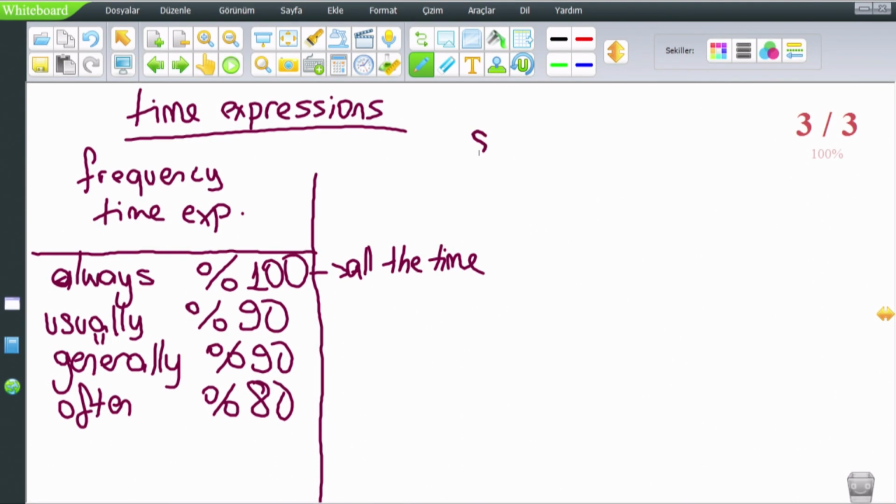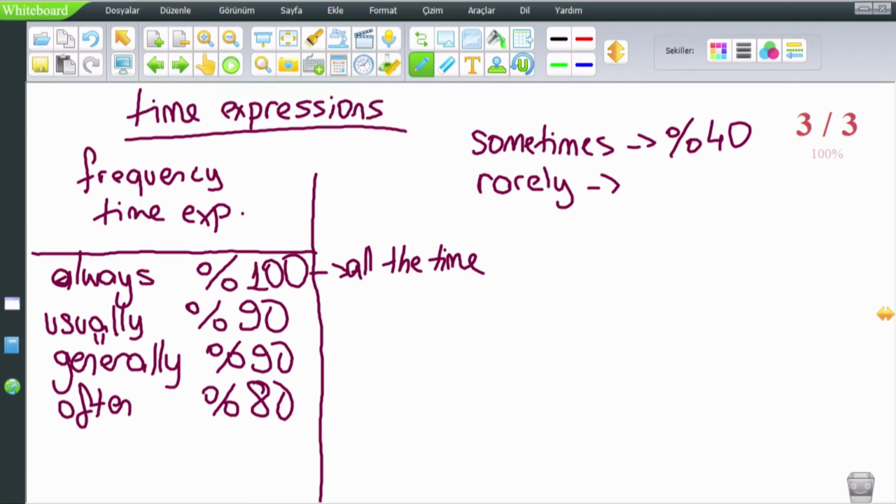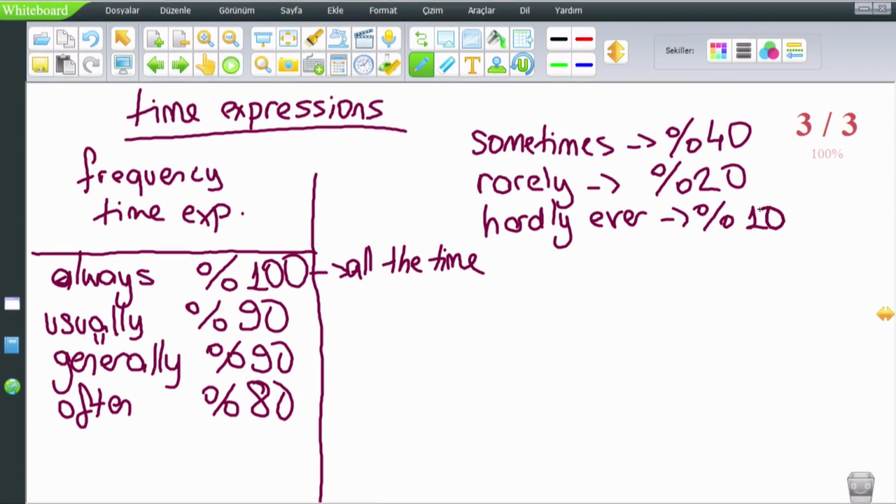Then we have sometimes, let's say 40%. We have rarely, another frequency time expression, which we can say 20%, hardly ever, we almost don't do it.